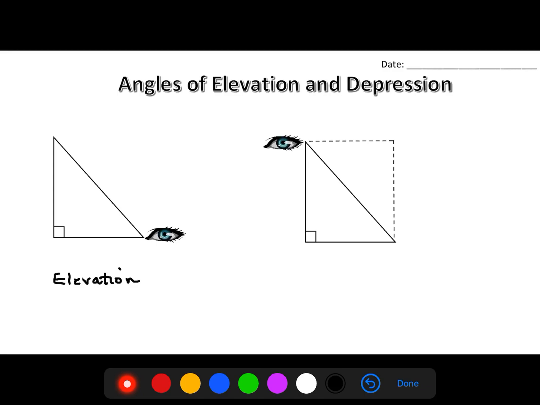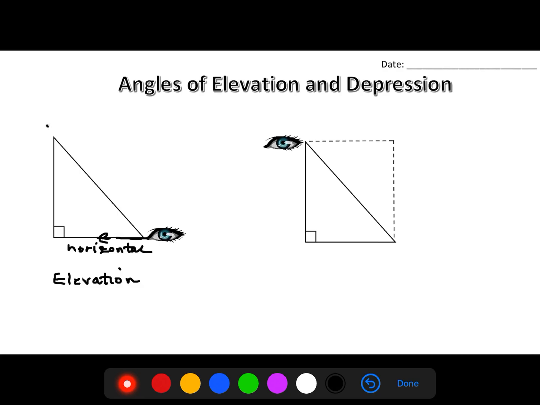Either one of these definitions comes from us looking straight across, or from the horizontal. So for angles of elevation, we are down at the bottom here, and you can see we are looking straight across at the horizontal.